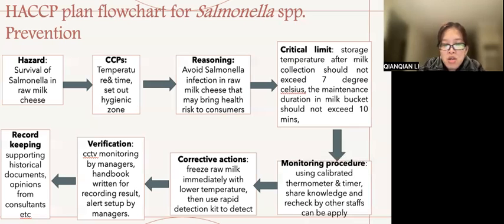It is recommended to record their quotes and record the supporting historical documents as a case study, to prevent what may have happened from happening next time. That's a very important part in the HACCP plan as well.